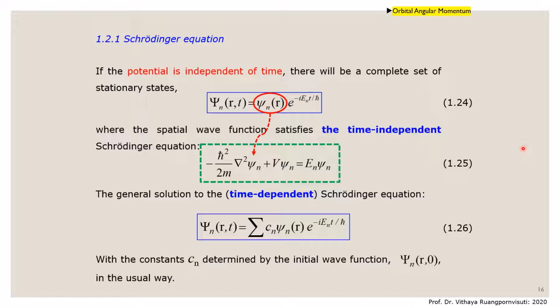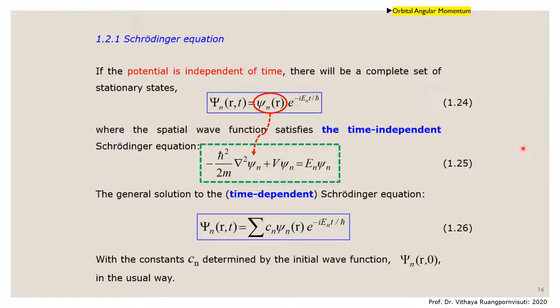The wave function for state n equals the summation of the parameter c n times the wave function psi n depending on r, multiplied by e to the power minus i E n t over h bar.